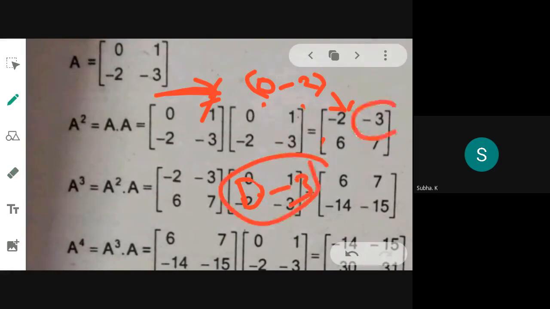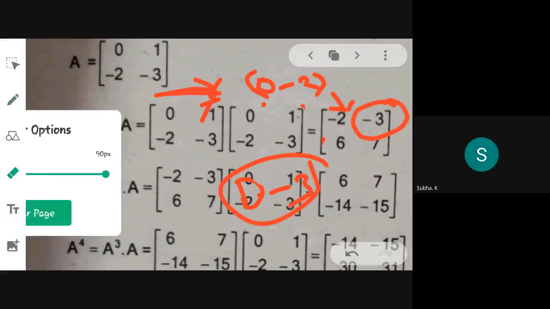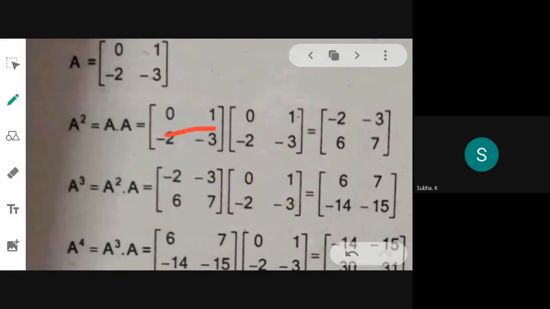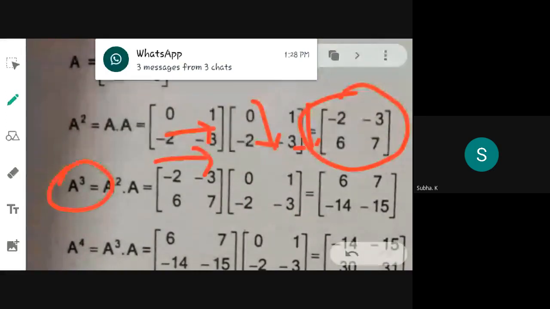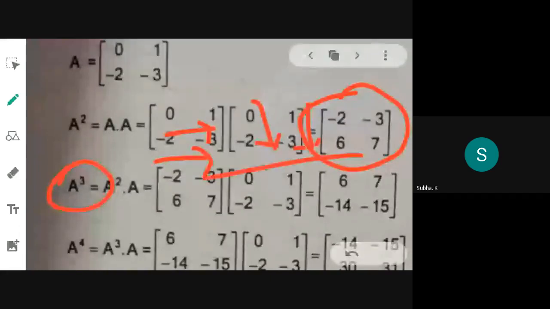This will be written as the second component. Then in the same way you need to multiply these two combinations and sum them up. Then you will get the product A squared. After that you need A cubed, so you will multiply this and A. Like this you will proceed.